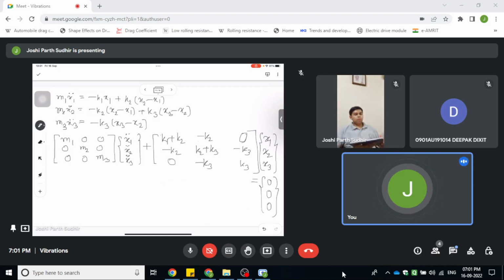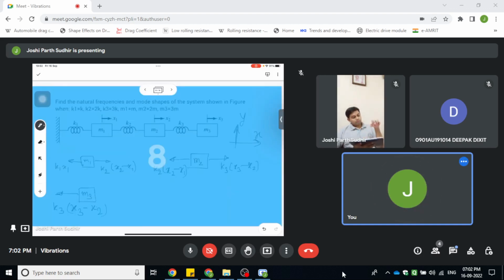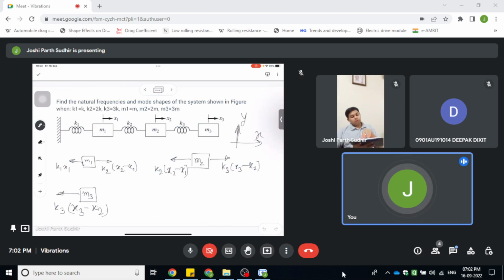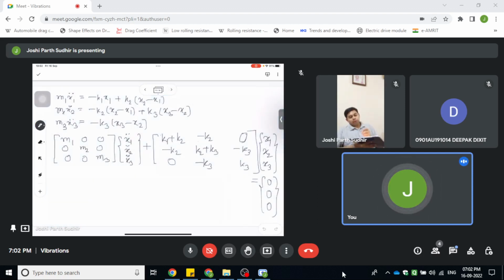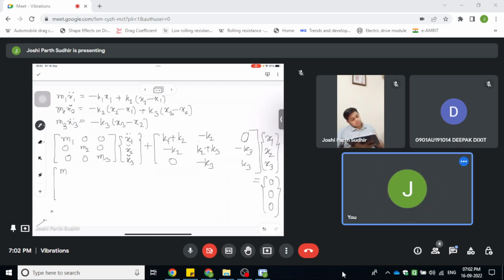So now what we have to do is, we have been given masses m1, m2 and m3 in terms of m, and k1, k2 and k3 in terms of k. So the mass matrix becomes m 0 0, 0 2m 0, 0 0 3m.